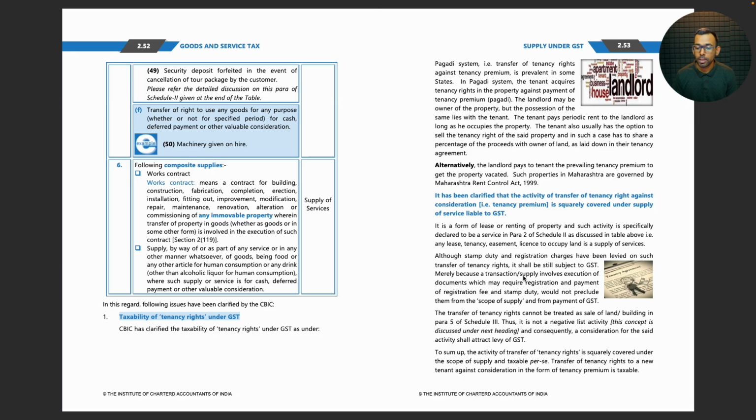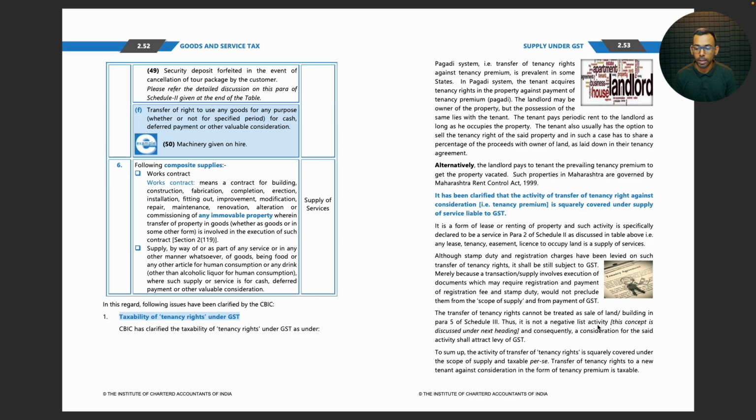Merely because a transaction or supply involves execution of documents which may require registration and payment of registration fee and stamp duty would not preclude them from the scope of supply and from payment of GST. The transfer of tenancy rights cannot be treated as sale of land or building in para 5 of Schedule 3.